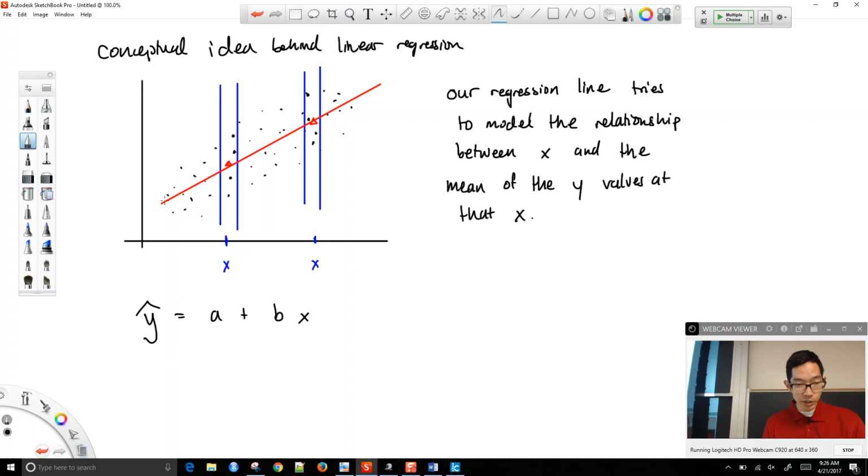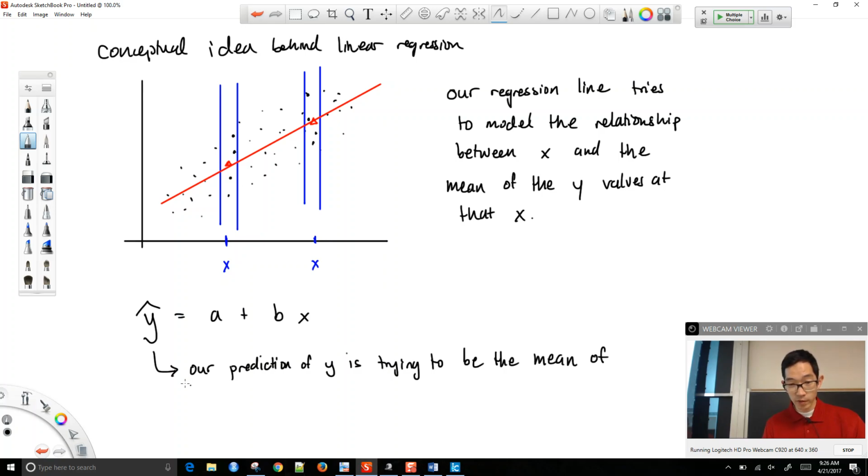This prediction is trying to be the mean of the y values for a given value of x.